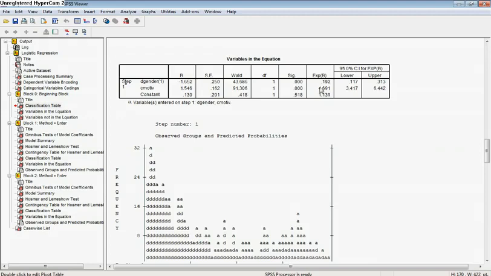So here what we can see is, because we know that the reference group is women and the primary group is men, we know that men tend to show lower probability or lower odds of attending treatment. And this is our 95% confidence interval for those odds ratios.